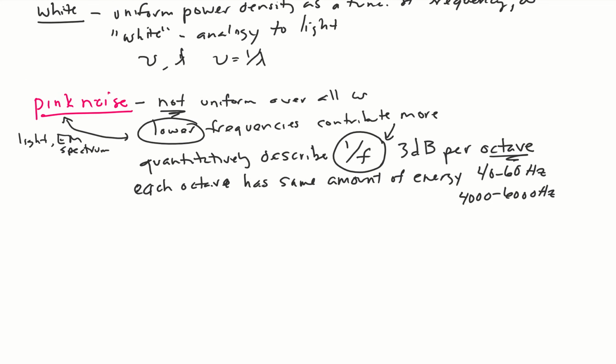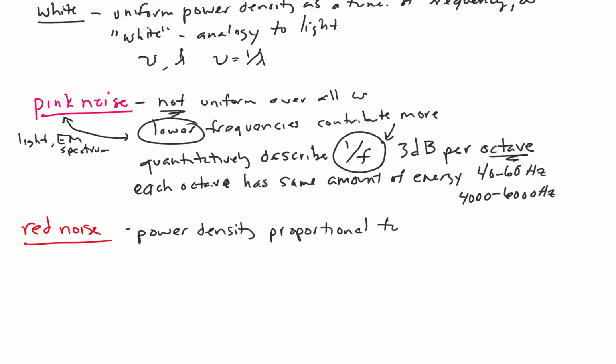So we can also describe red noise, which has a power density that is proportional to 1 over F squared.